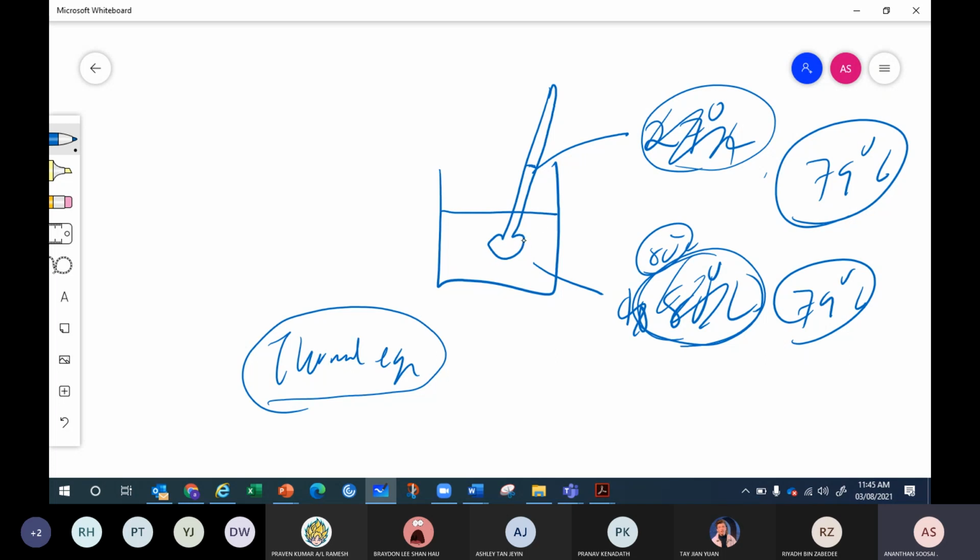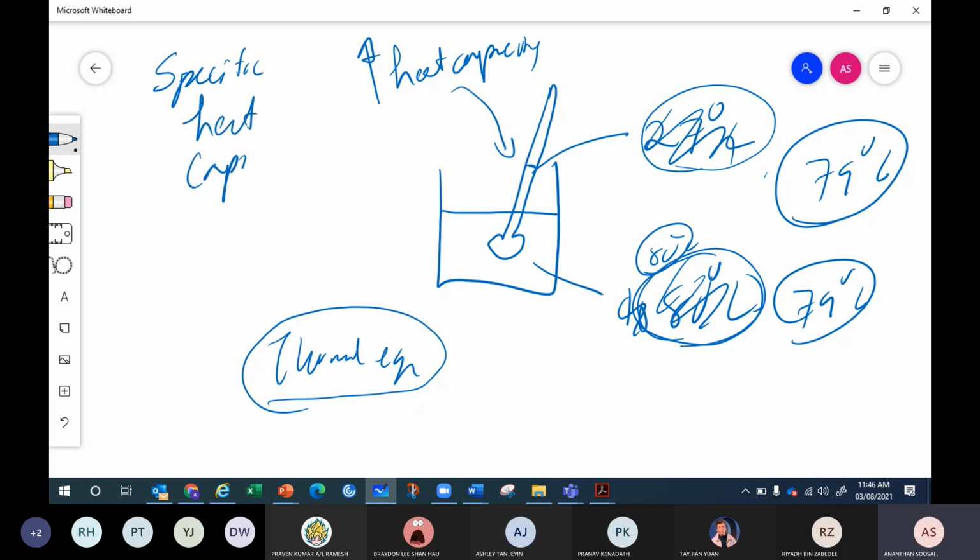Okay, but if this thermometer has a very high heat capacity, what is the meaning of heat capacity? You learned about specific heat capacity, right? What is specific heat capacity? We will do this in topic 5, but for O level you learned it, right?